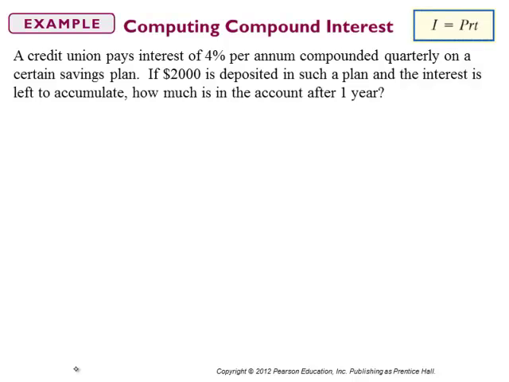Now we have a credit union that pays interest of 4% per annum. What does per annum mean? That's another way of saying annually, right? So 4% annually.